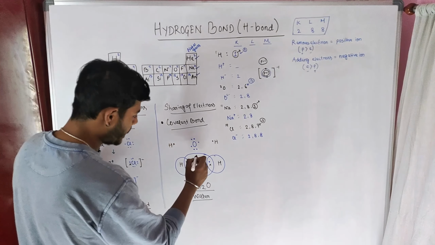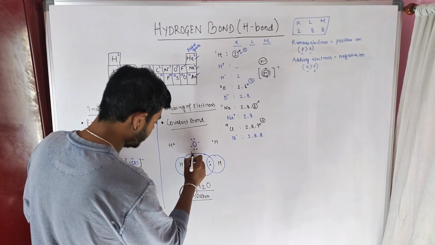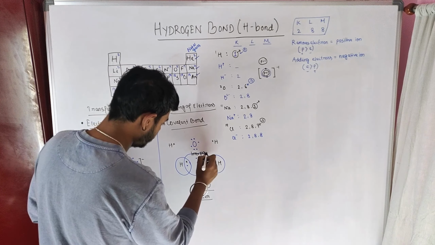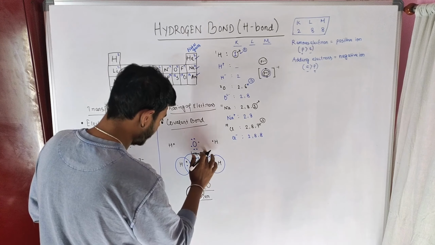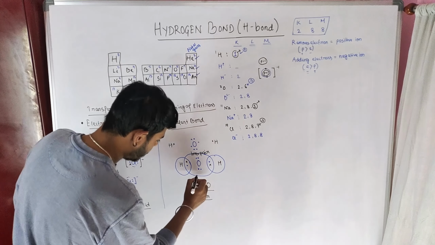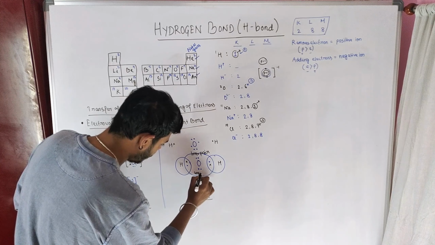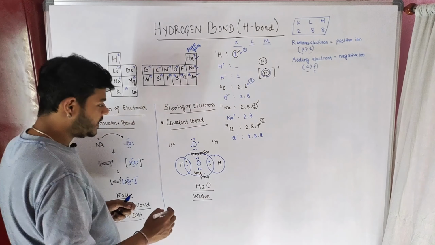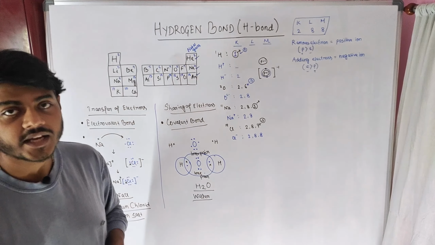These are called lone pair of electrons. Lone means alone, lone pair. And because of the presence of such lone pairs of electrons, elements like oxygen and nitrogen tend to have a higher negativity.